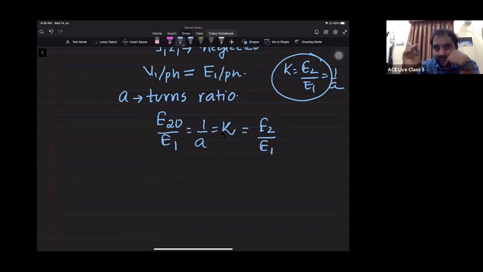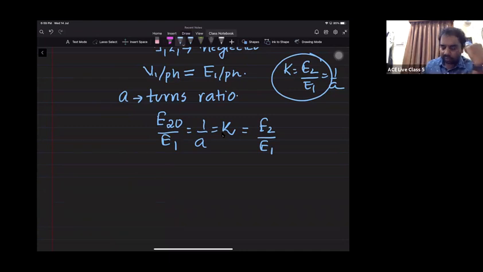Remember, K is a constant. It is a fixed value, so the secondary voltage should be fixed. Which one is a fixed voltage here? E2 naught is a fixed voltage, because E2 is S into E2 naught, and S is a variable. So you cannot take E2, you have to take E2 naught.